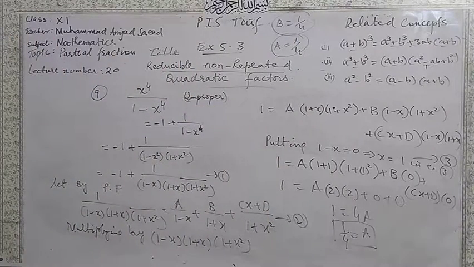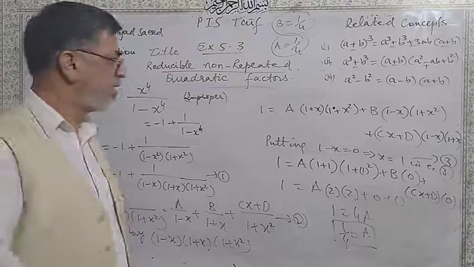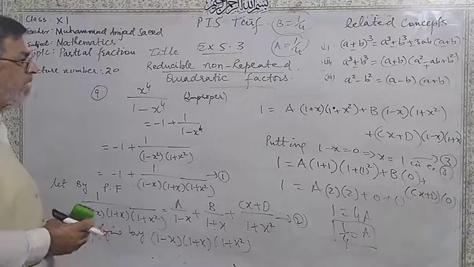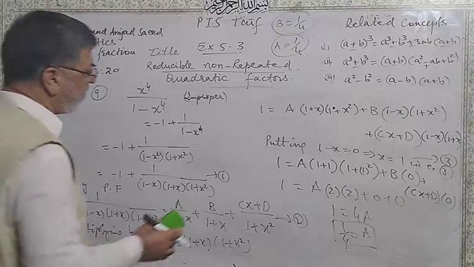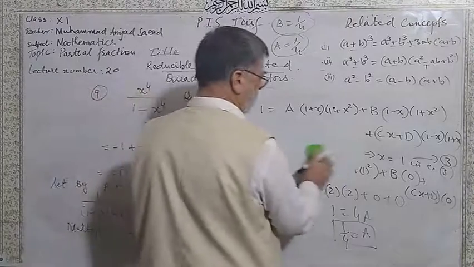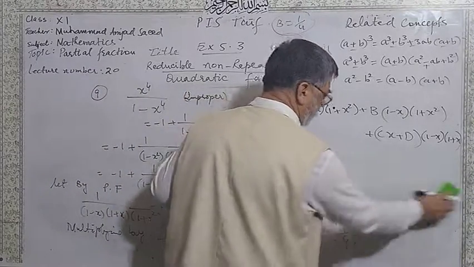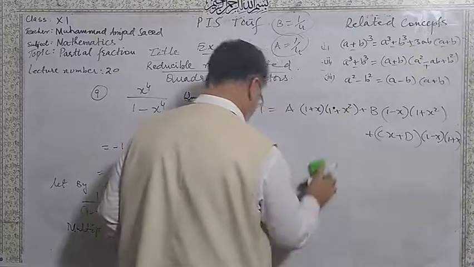By putting method, we have found two constants, and by comparison method, we will find the other two constants, because we have finished our linear factors here.